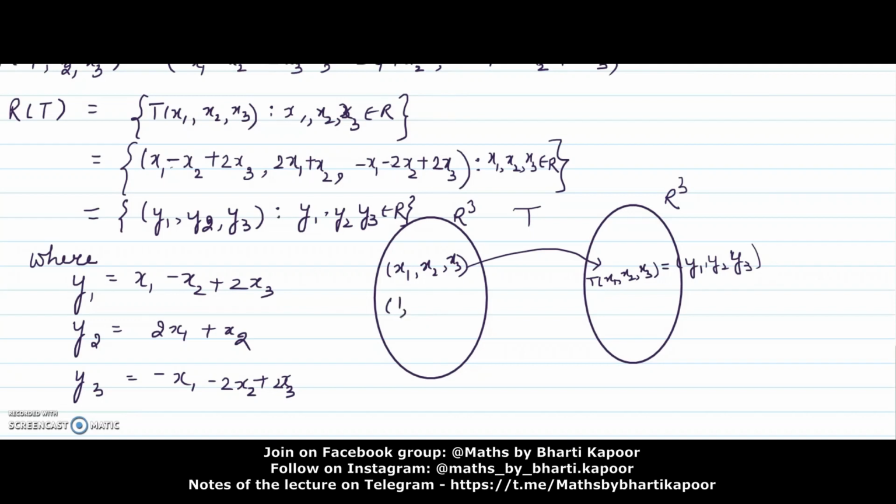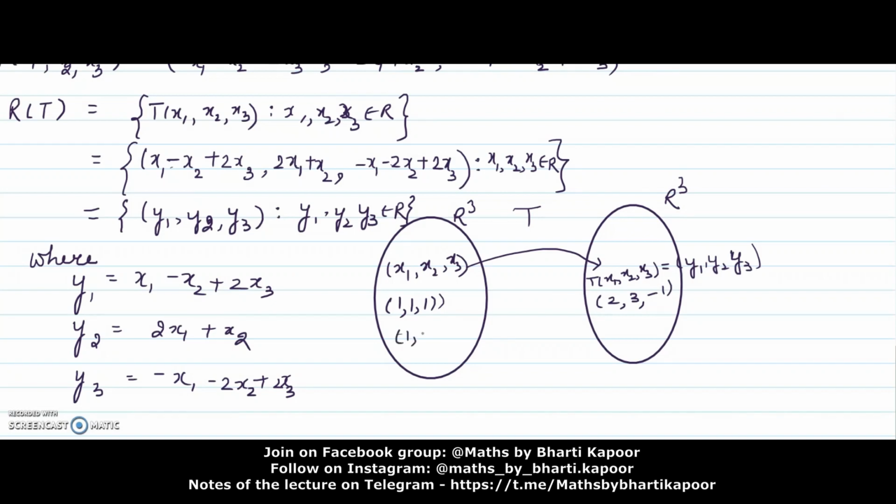For example, if I have taken 1, 1, 1 in R cube, then its image will be 1 minus 1 plus 2, it is 2, 2 plus 1, 3. Substitute 1, 1, 1 in place of x1, x2, x3 in these three numbers. So it will be minus 1.